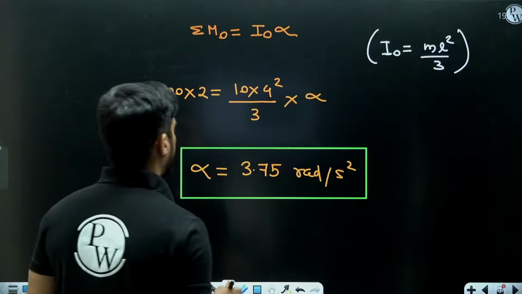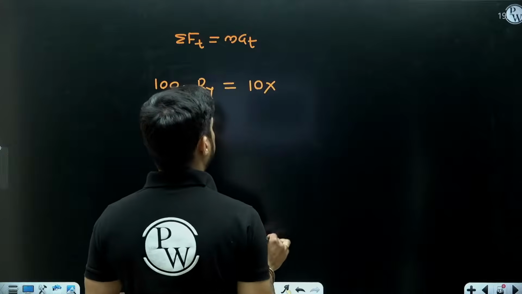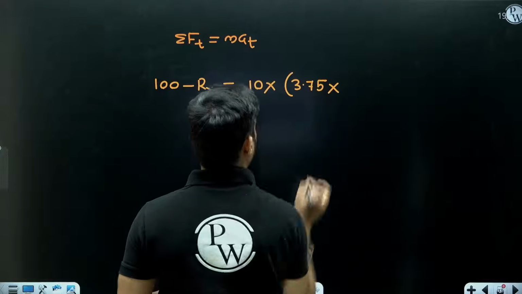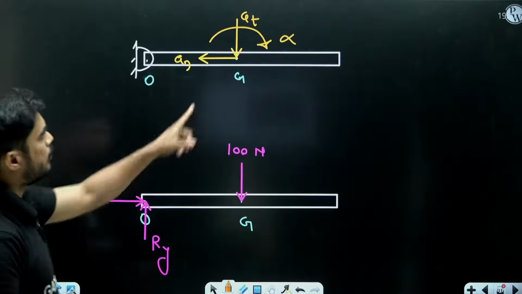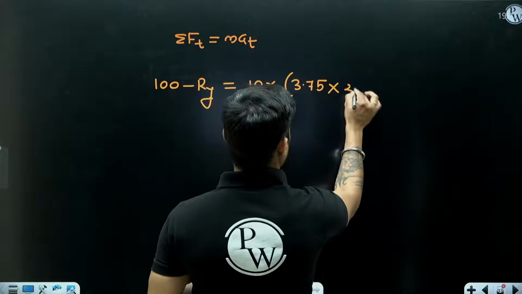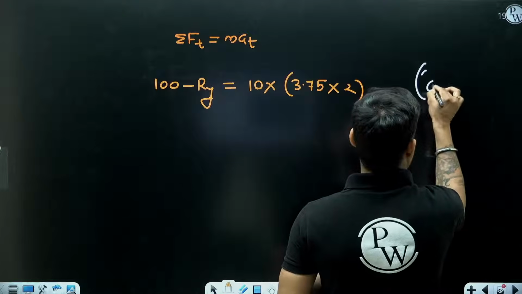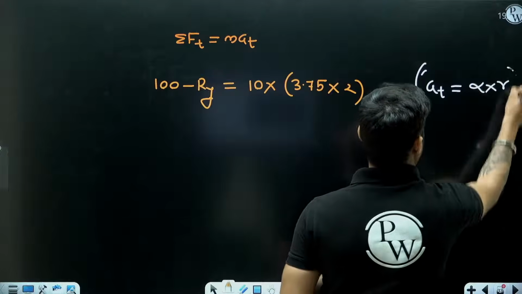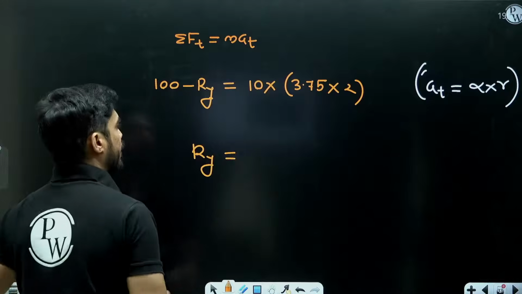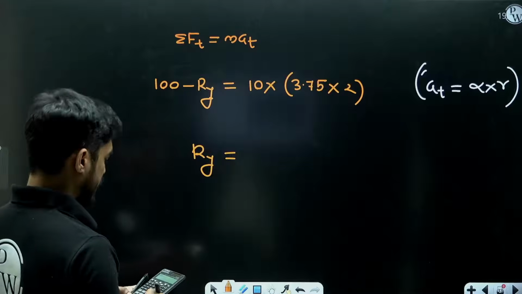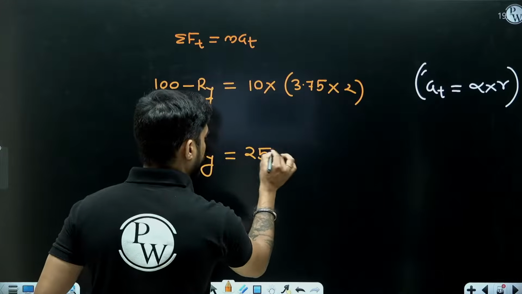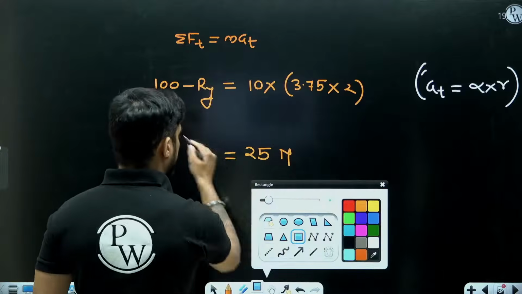M is 10 kg, at will be alpha into R. Alpha is 3.75 and R is the distance of G from the center of rotation, so 2 meter. So from here you will get the value of Ry. Ry is 100 minus 10 into 2 into 3.75, which is 25 Newton. I am getting a positive answer, which means my direction is correct.